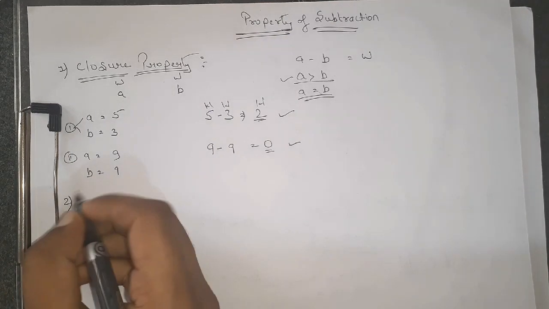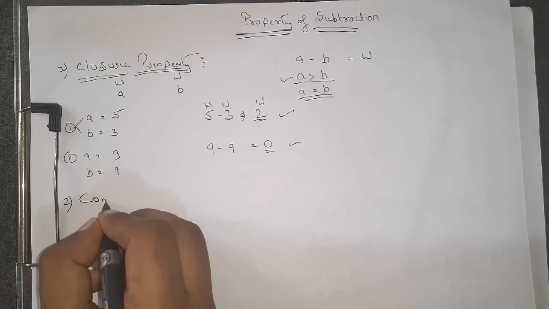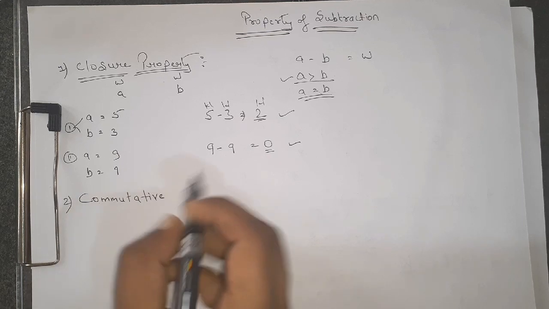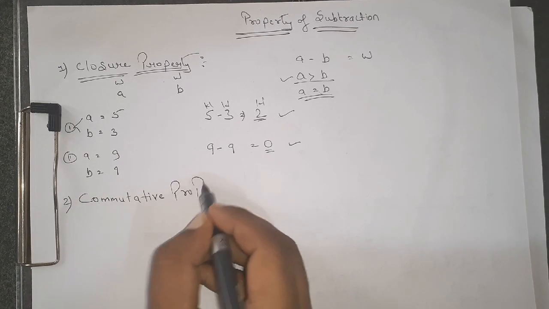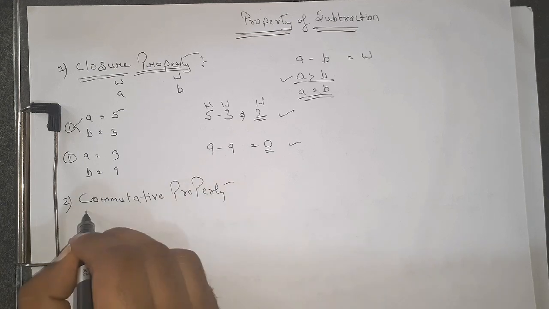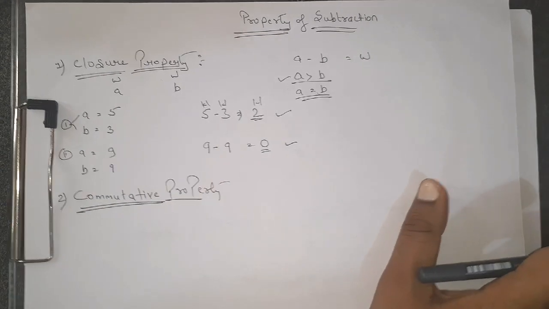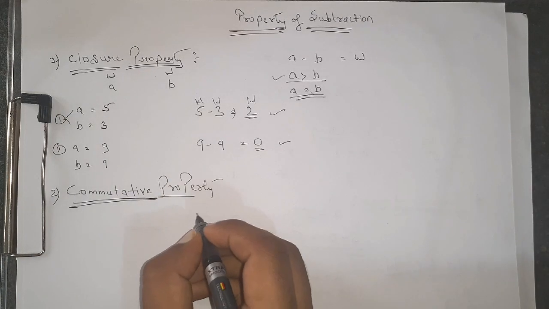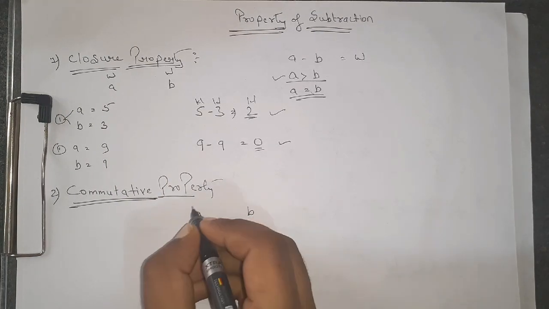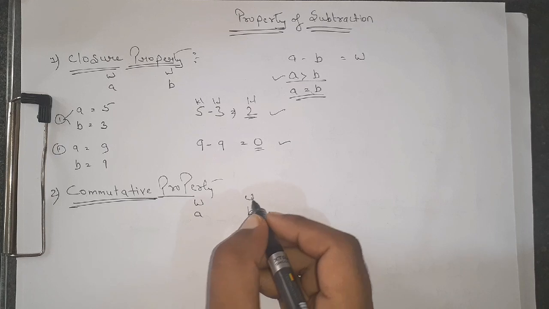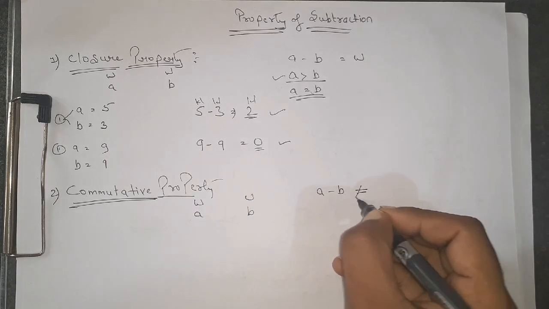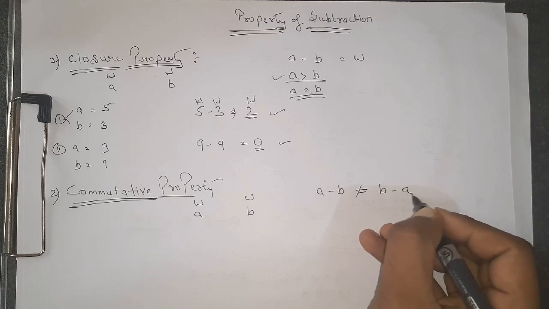Now come to the second property, that is the commutative property. In this property, suppose a and b are whole numbers, then a minus b will not be equal to b minus a.